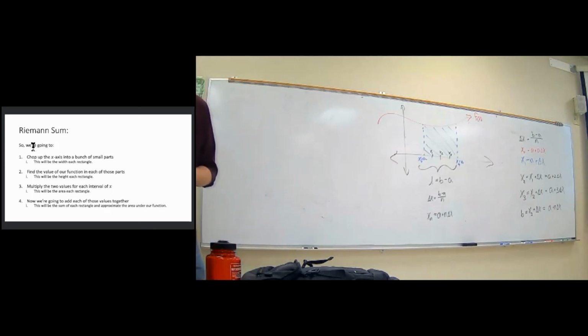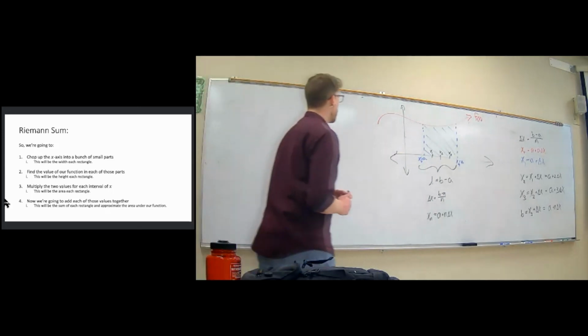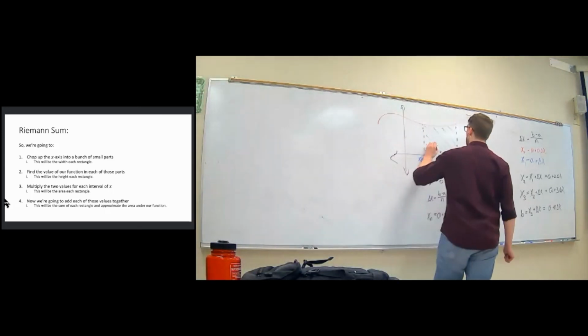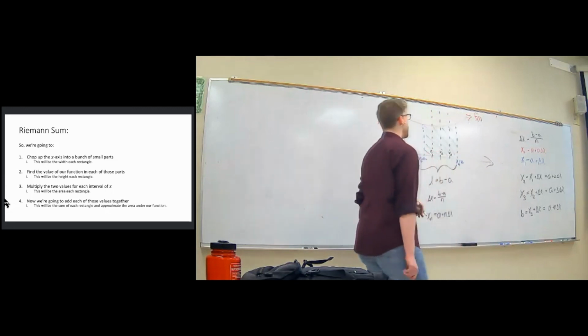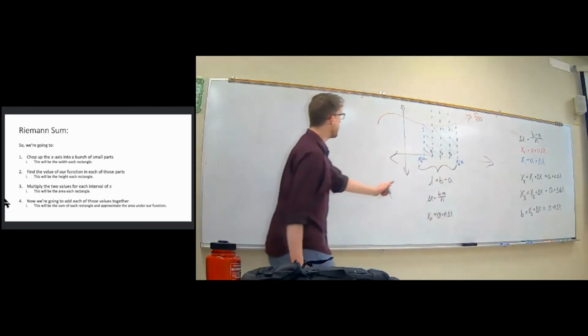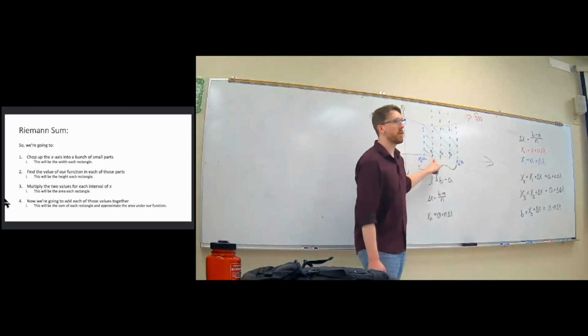From here, we're going to come up with a rule for how we're going to choose the height of each of our rectangles. Let's say, cool, we're going to make a rectangle for each of these. We could choose to set a middle point in between each of our x values equal to the height of our function.